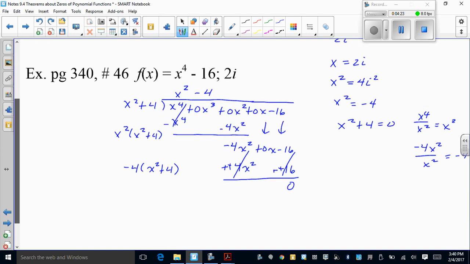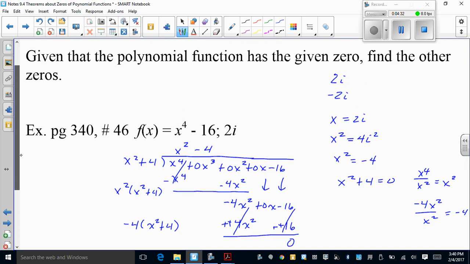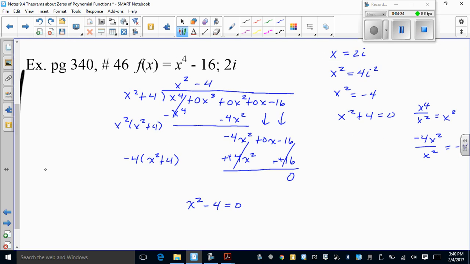So you have x squared minus 4 equals 0, because remember, we're looking for the other zeros. So x squared equals 4, so x equals plus or minus 2, because you have to square root these. So all of them, you got 2i, negative 2i, and then plus or minus 2.